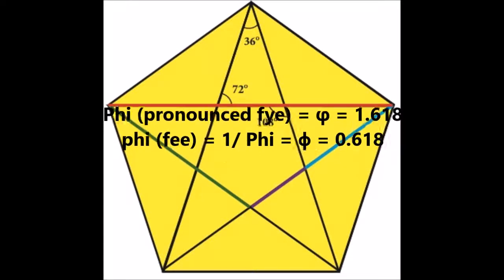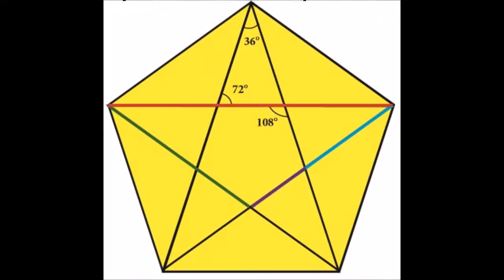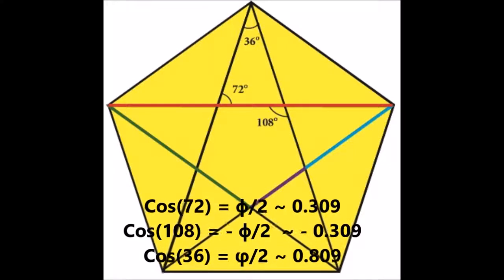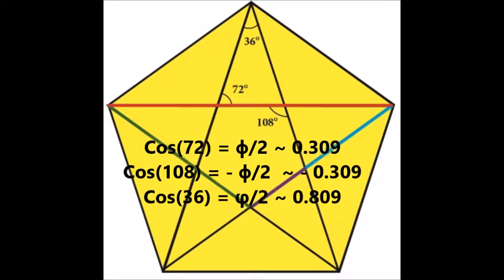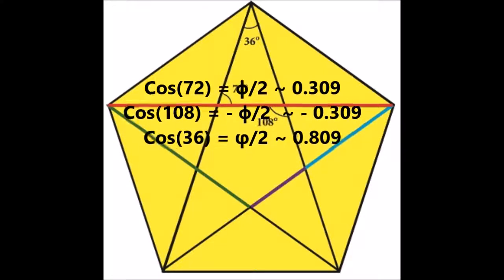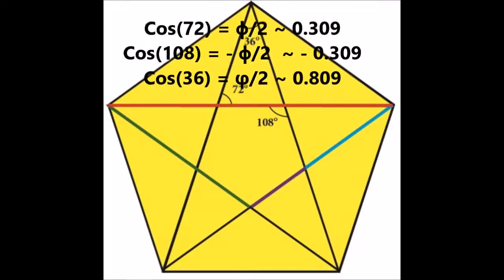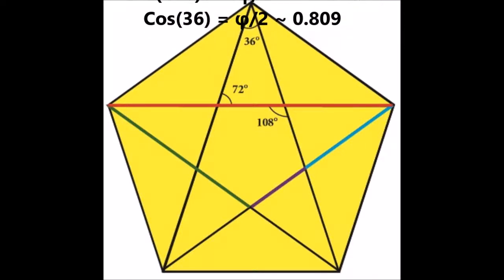Phi is the inverse ratio of Phi and equals 0.618. Cosine 72 degrees equals phi divided by 2, 0.309, and cos 108 is the negative value of 0.309. Cos 36 degrees is Phi divided by 2 and equals approximately 0.809.